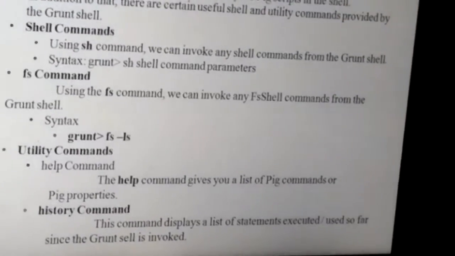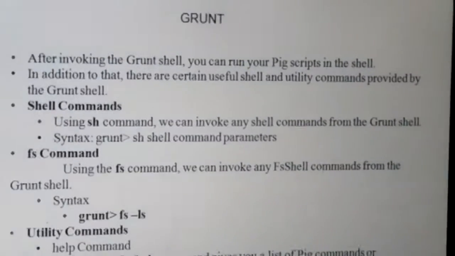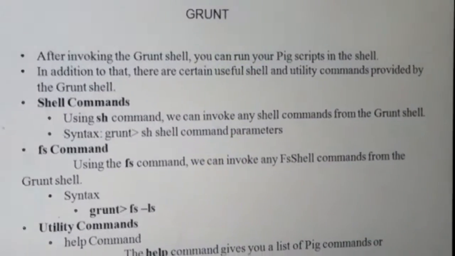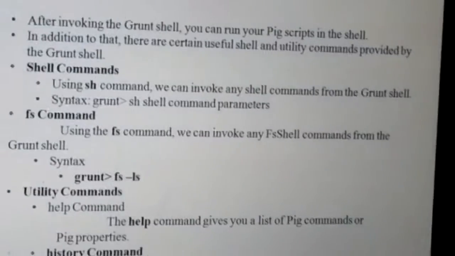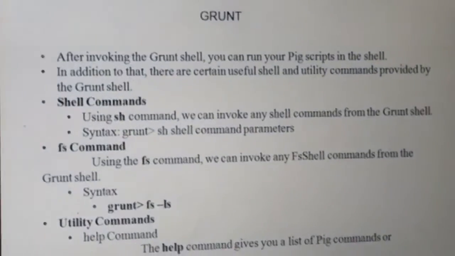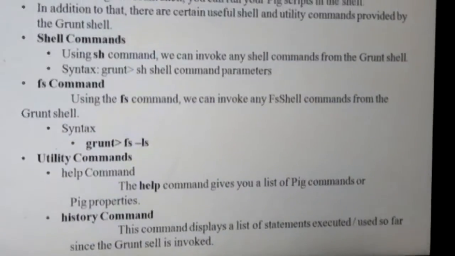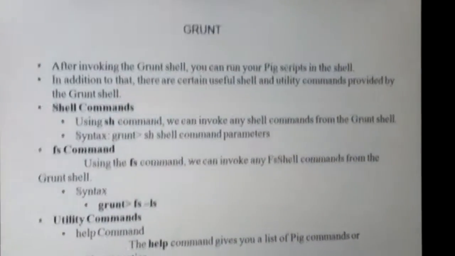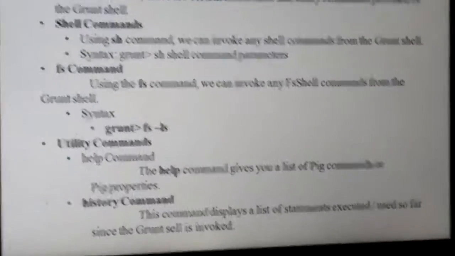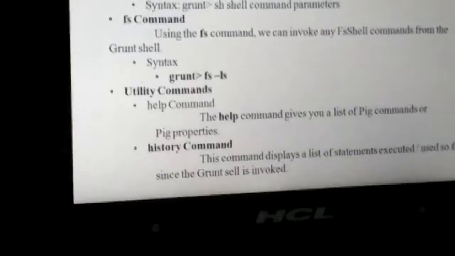In addition to that, there are certain useful shell and utility commands provided by the grunt shell. The shell commands like sh command, we can invoke any shell command from the grunt shell. The syntax is grunt, then sh, then shell command parameters. Then fs is another grunt command. Using fs command, we can invoke any fs shell command from the grunt shell.